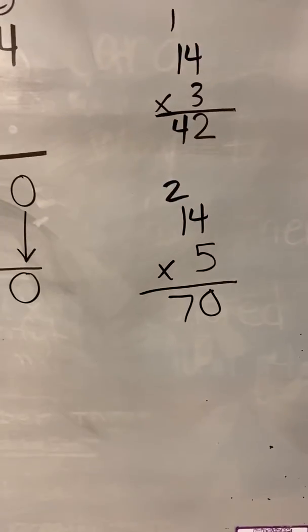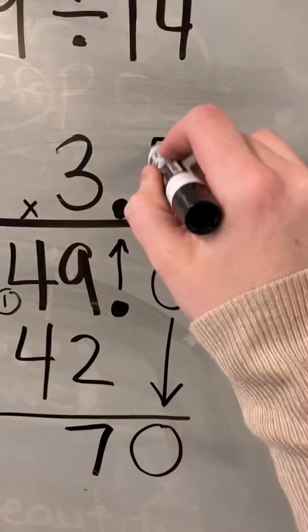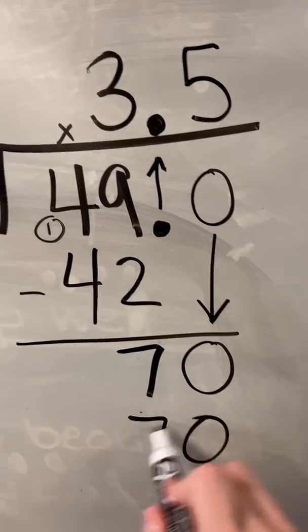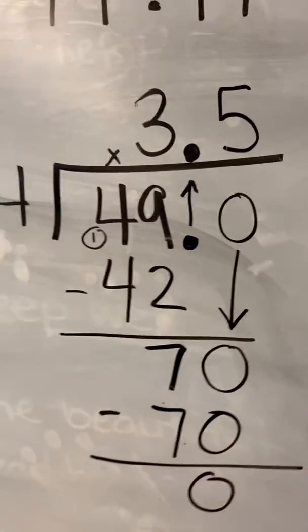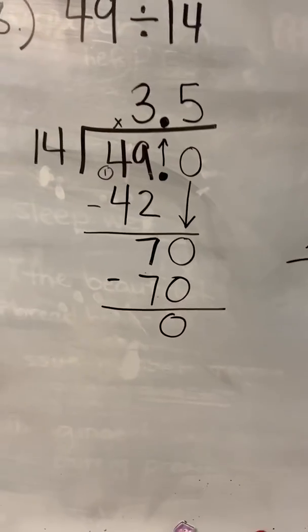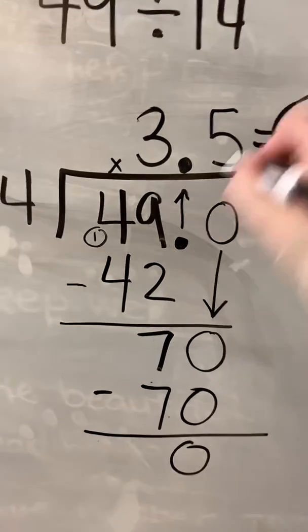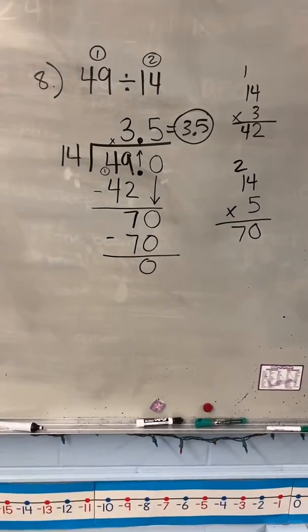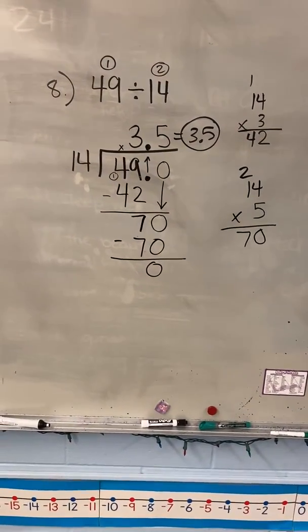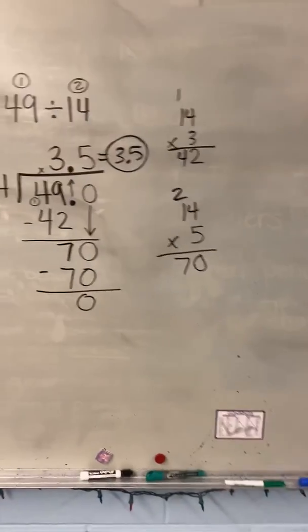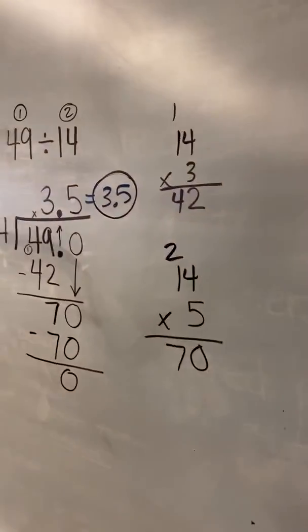I need 70, so it goes in 5 times. I put my 5 up here. 5 times 14 is 70. Subtract, and I'm left with no remainder. So my final answer is 3.5. Okay? So that's a reminder for ones that might be whole numbers that you have to divide, but they do end up needing a decimal.